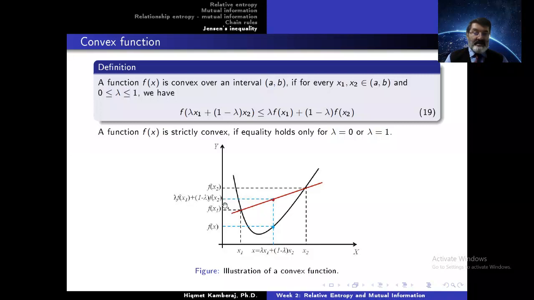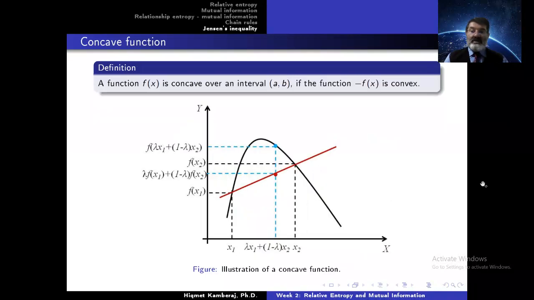Now we can notice that the red dot here is always above the blue bullet, and this holds for every point on the red line. So if the points of the red line are above the points of the function f of x, then by definition f of x graphically is a convex function. So this is the way we can judge it.